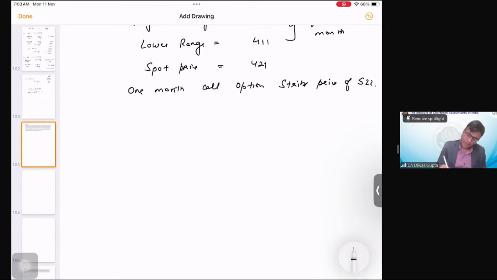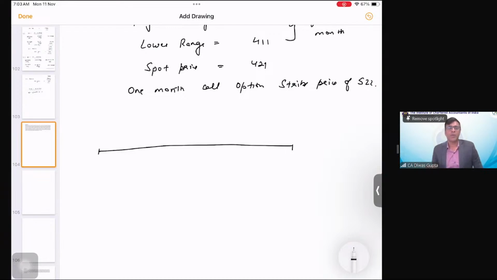Okay. Now, the point to understand here is that in the binomial model also there are two different possibilities, one higher and one lower. The same case is with this question as well. So if it goes downward, then it will be 411 and the current price is how much? 421.